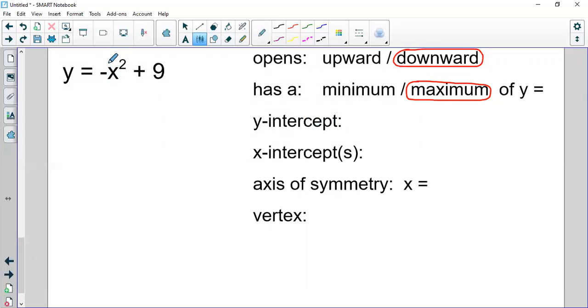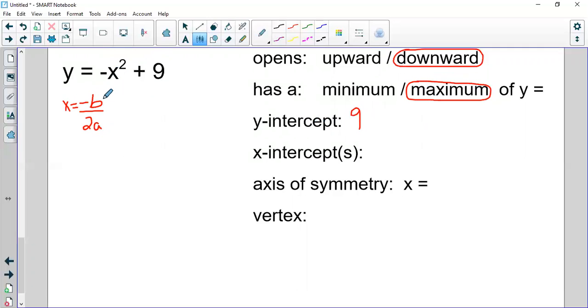Take a look at this. This is the A. This is the C. So the C tells me y-intercept is 9. There's no B value here. So since there's no B value, if I do x equals negative B over 2 times A, there's no B value.